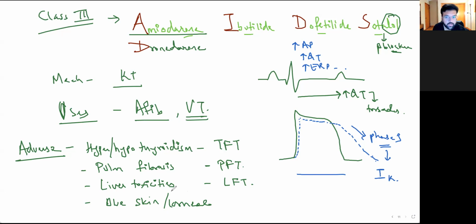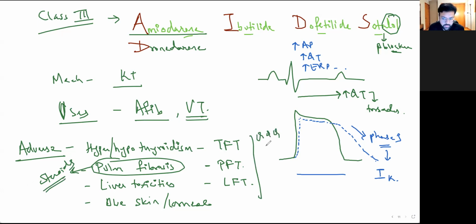And of course, it can cause bradycardia because you're blocking the potassium. If the patient has pulmonary fibrosis, you of course have to stop amiodarone and start the patient on steroids. That's one important clue. But these are all very high yield, please remember this.